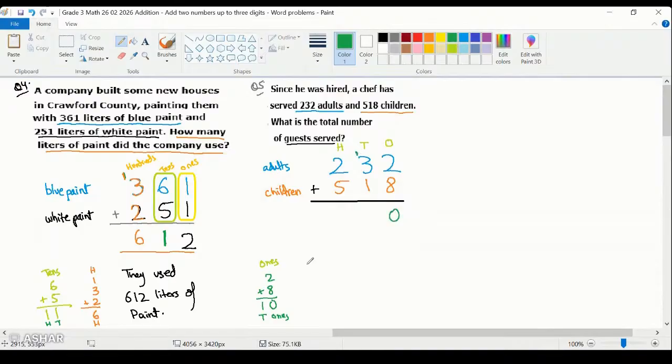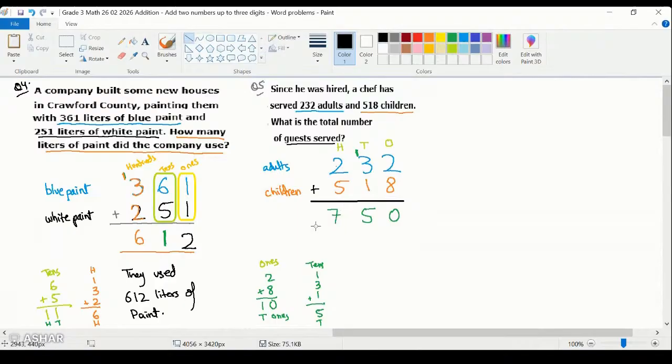How many tens are there now? 1, 3, and 1. That means total of 5 tens. 1 plus 3 is 4. 4 plus 1 is 5. And how about hundreds? 2 plus 5 is 7.